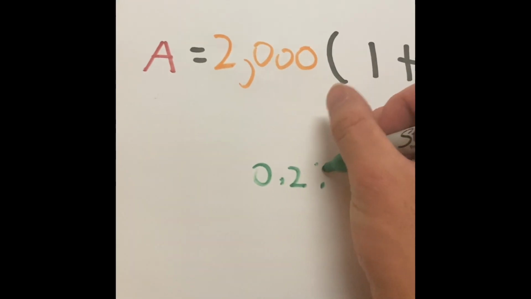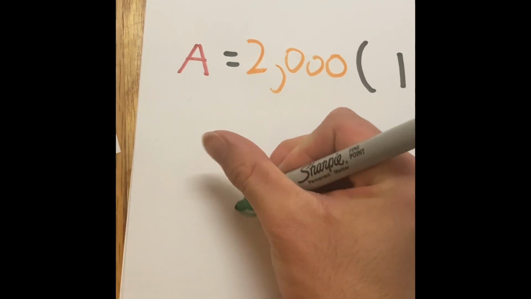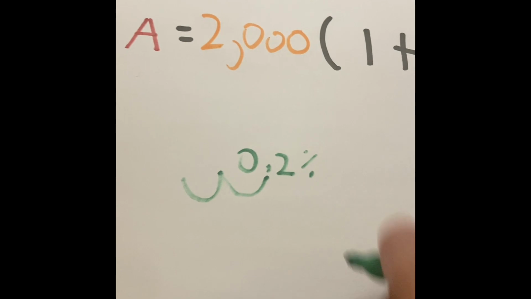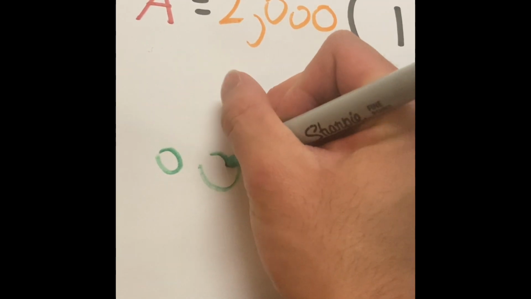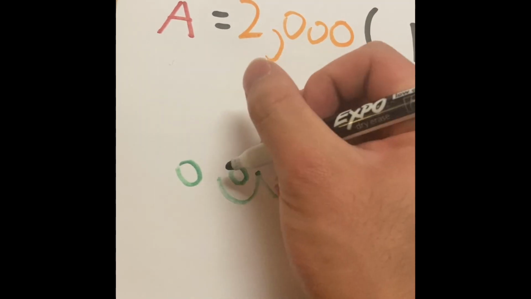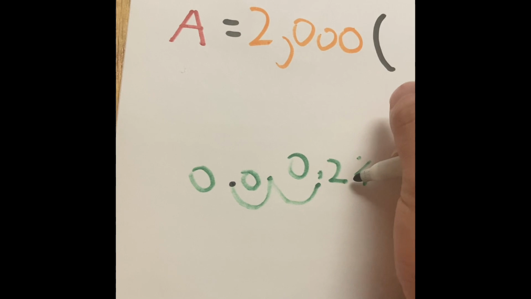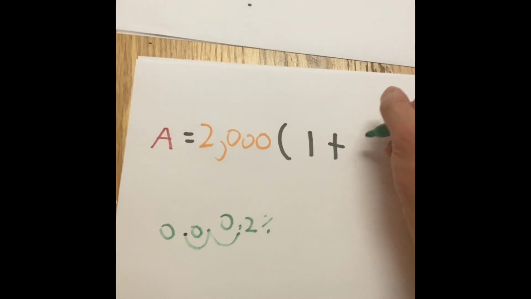To turn this into a decimal, we have to go 2 jumps away from the decimal point. So in reality, we are going to insert as a number 0.002, and that is going to be our interest rate.